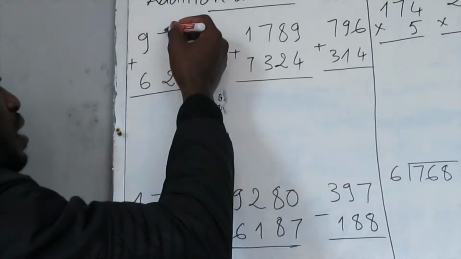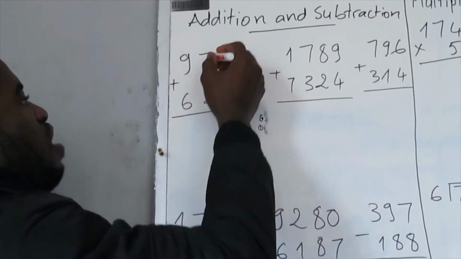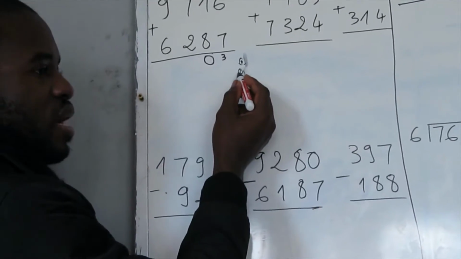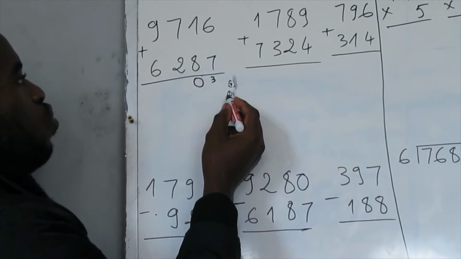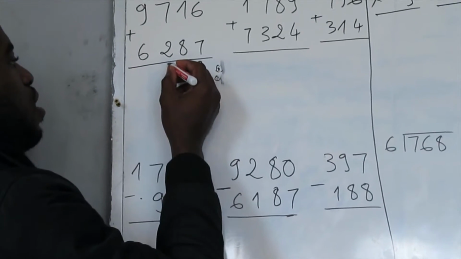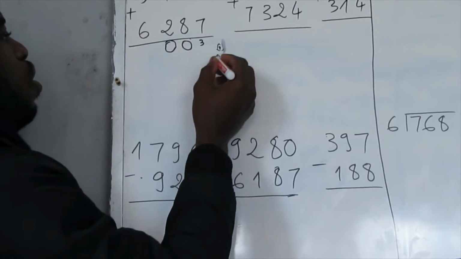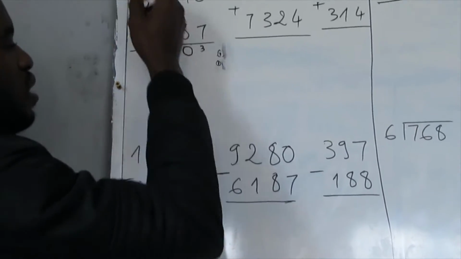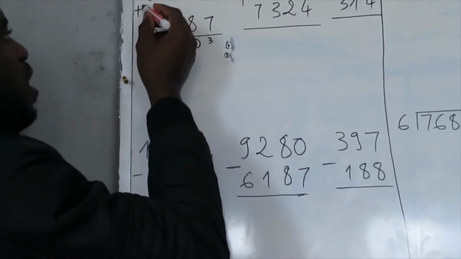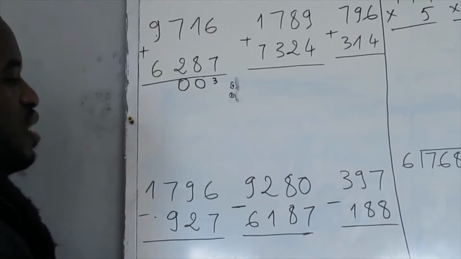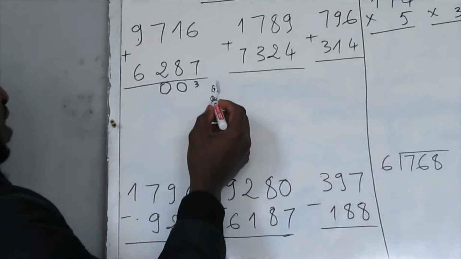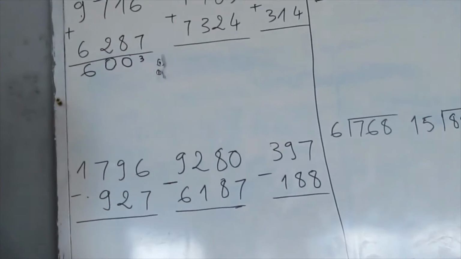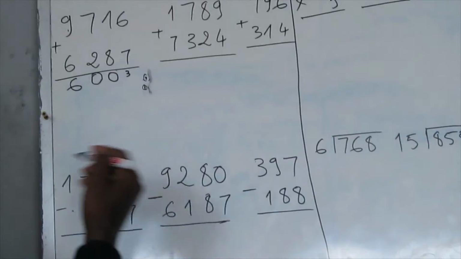My next line now is 7 plus 2 equals 9, plus the carry 1 that I keep here is equal to 10 again. The same thing, you write 0, you carry 1 again. Now the last line, 9 plus 6 equals 15, plus my carry 1 equals 16.